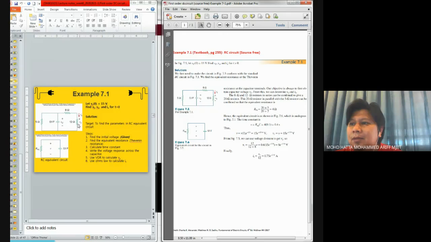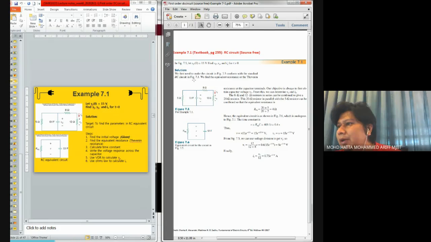Since Vx has already been calculated, you can calculate the value of Ix over here using basic Ohm's law. That's what happens in the solution. Maybe the way it's solved is a bit different from my solution, but basically both objectives are the same.